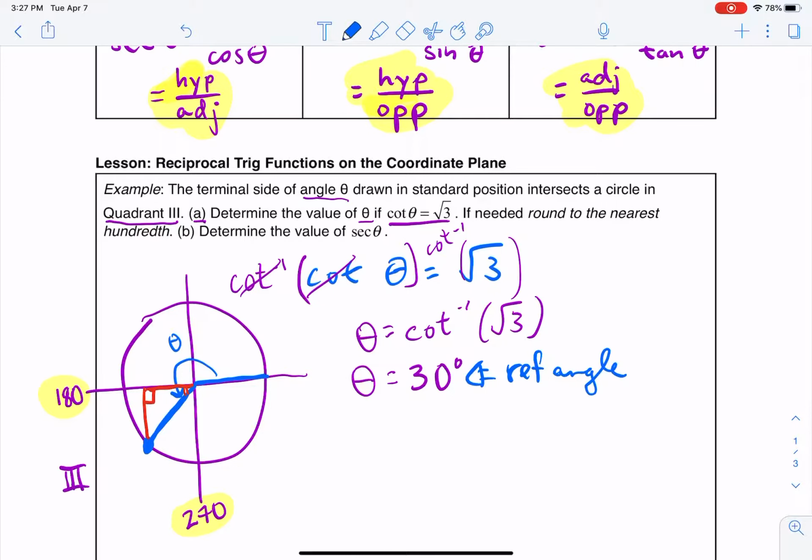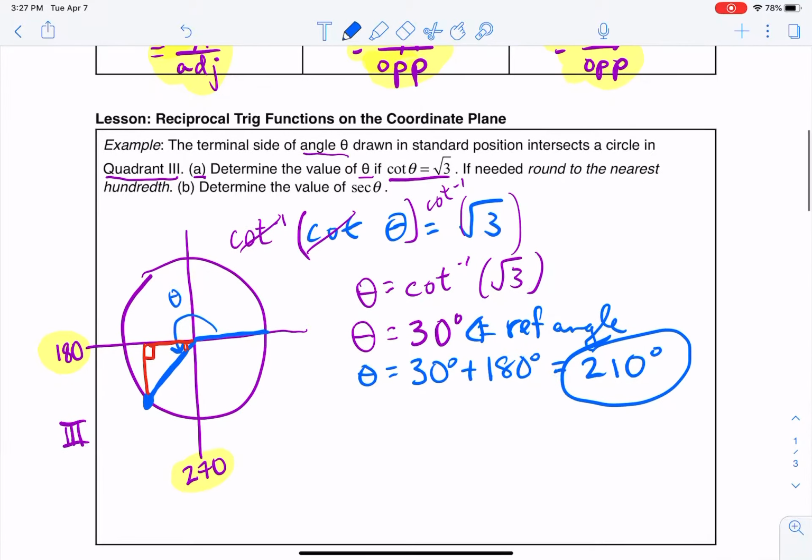To find the value of theta, I need to take that 30 degrees and add it to 180. And now I see theta is equal to 210. And that's my final answer for part A.